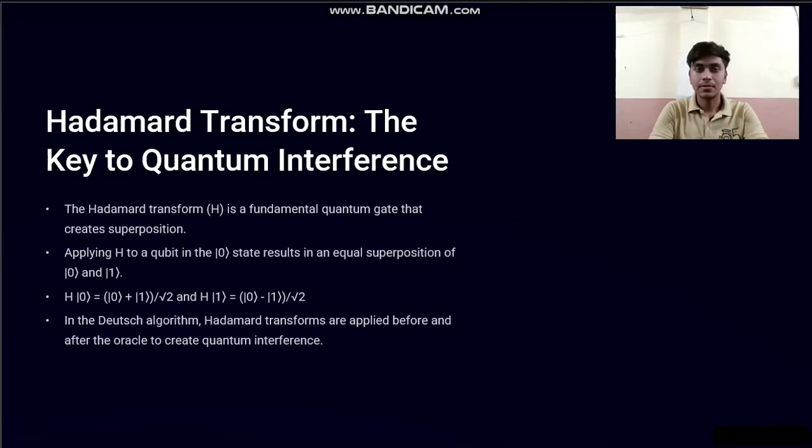The Hadamard transform, which is the key to quantum interference. The Hadamard transform is the critical component of many quantum algorithms. It puts qubits into superposition and enables interference. When applied to |0>, it produces an equal superposition, and as we can see, here is the formula for it.